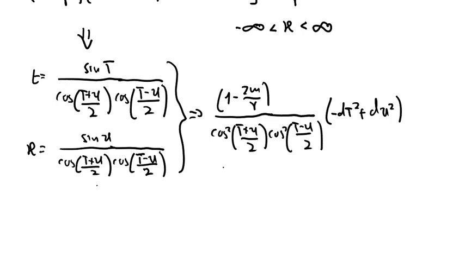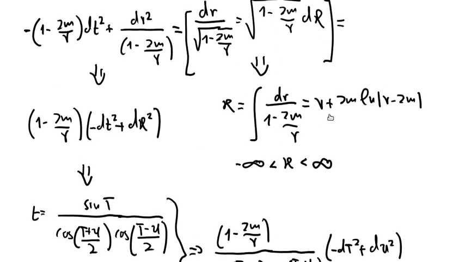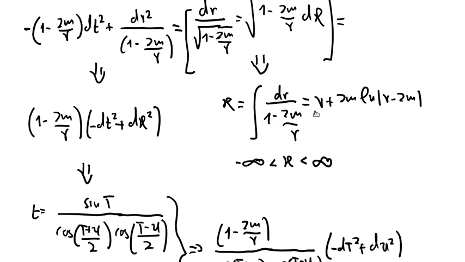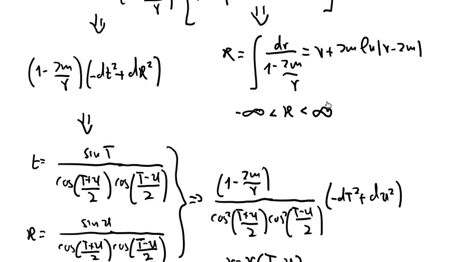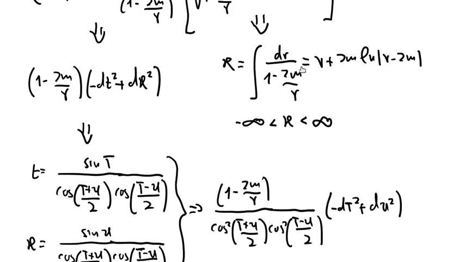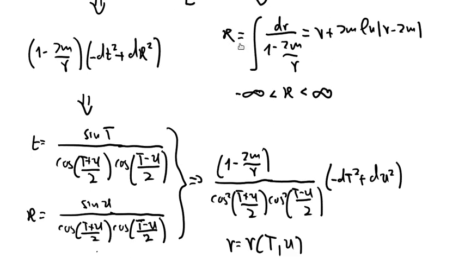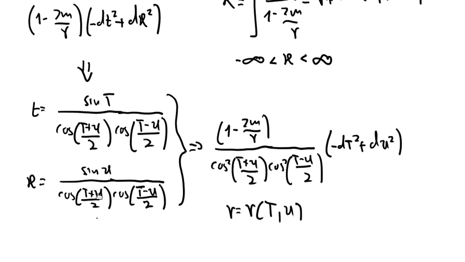So this arc which you see here is indeed a function of T and U. And how does one get this function? It is obtained by inverting this relation and replacing big R with this expression.